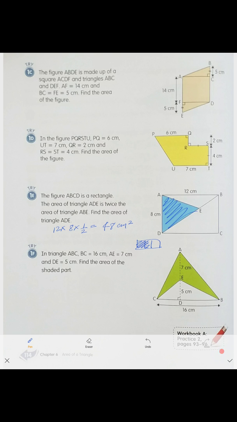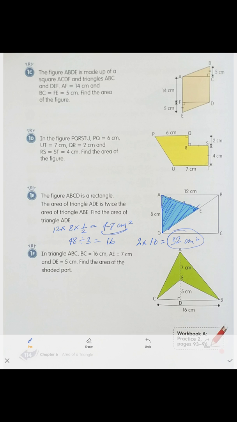If 3 units is 48, then how much is 1 unit? You divide 48 by 3, 16, right? And they tell us that the area of this triangle is 2 units. So 2 times 16 is 32 square centimeters. All right, 32 square centimeters.